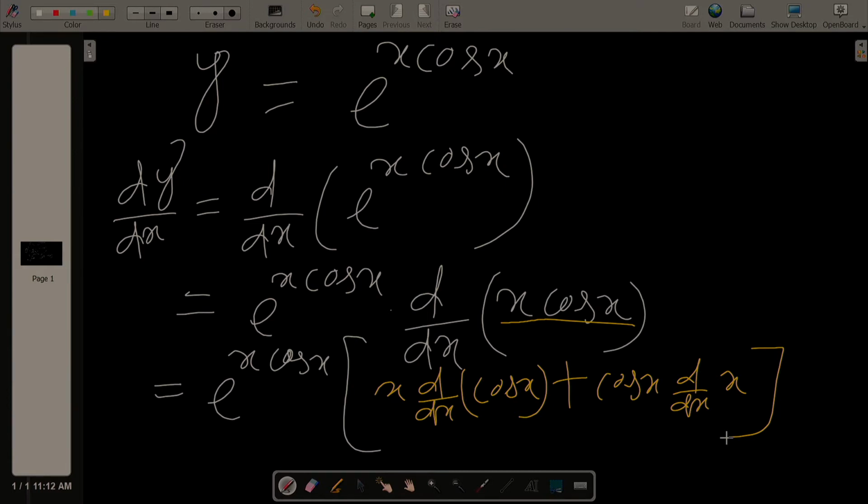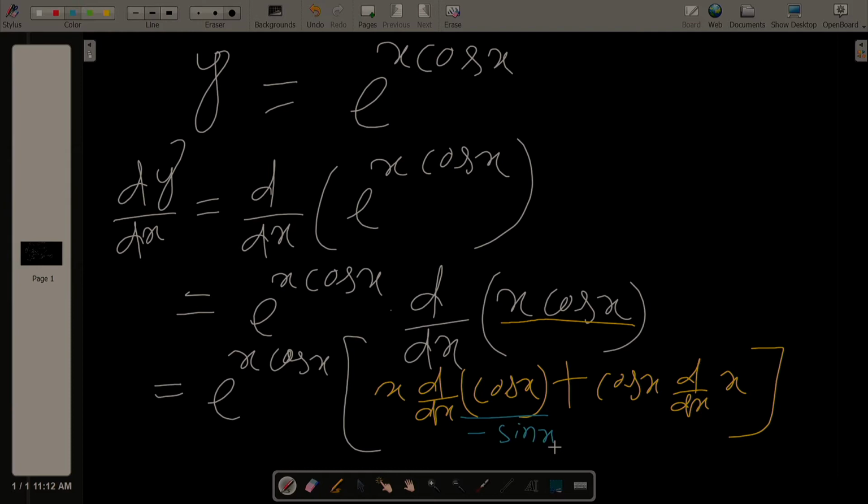e^x cos x, derivative of x cos x. You know that the derivative of cos x is minus sin x. And cos x will remain, and the derivative of x is 1, you already know.